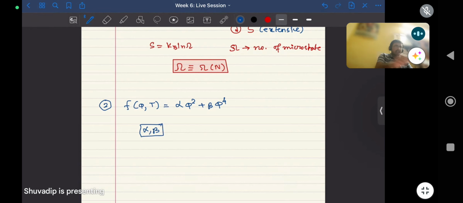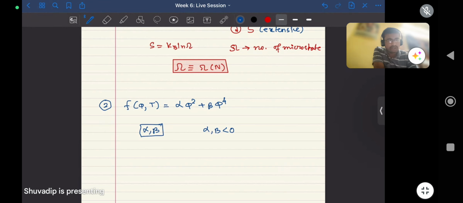From the lectures we have already seen that if something has to phase separate, then the shape of the free energy function has to be convex. So for a convex function, in this case alpha and beta both need to be less than 0.